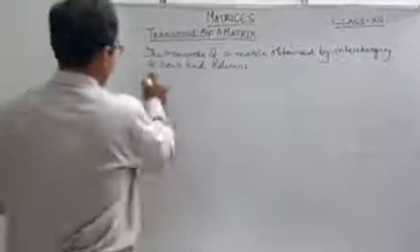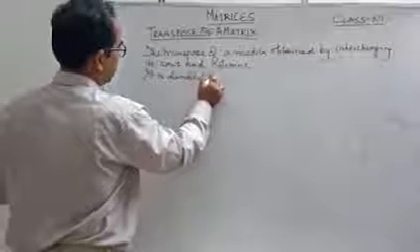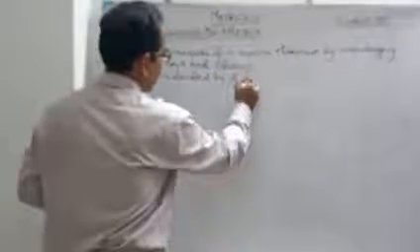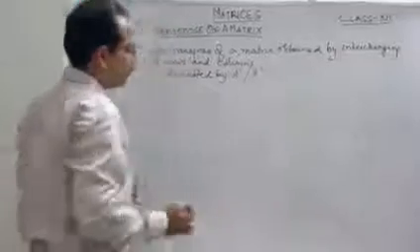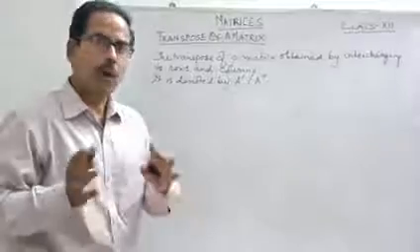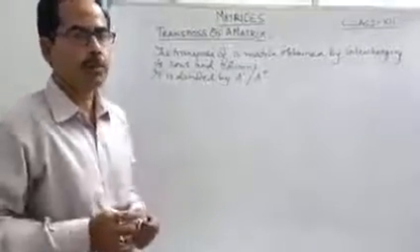It is denoted by A prime, or you can write it another way also. That means whenever we interchange rows to columns, or columns to rows, it is called the transpose of a matrix.